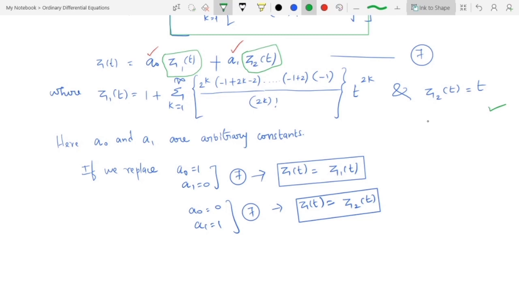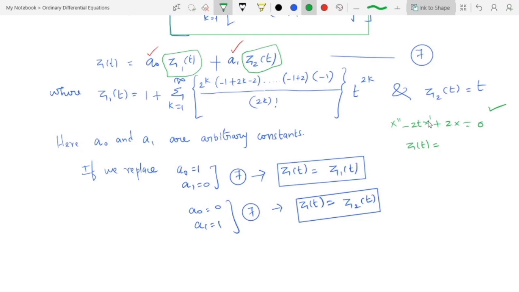Let us recall what we learned, that is the process of solving the Hermite equation. So we have to write the given equation x double dash minus 2t into x dash plus 2x equal to 0. Initially we assumed z of t is a solution for the given equation because minus 2t and 2 are analytic functions.